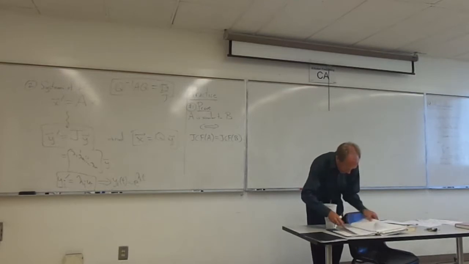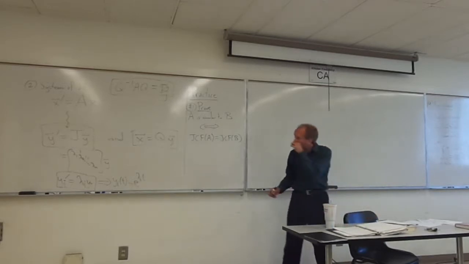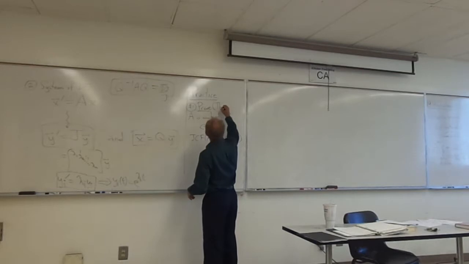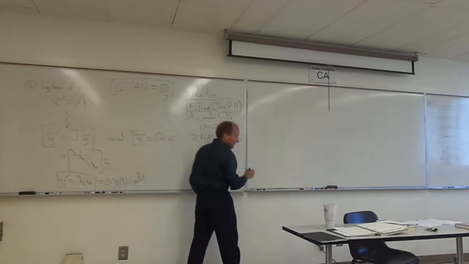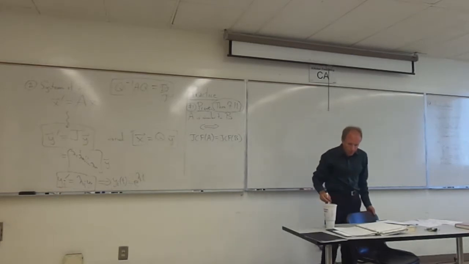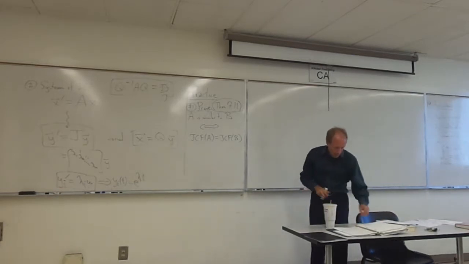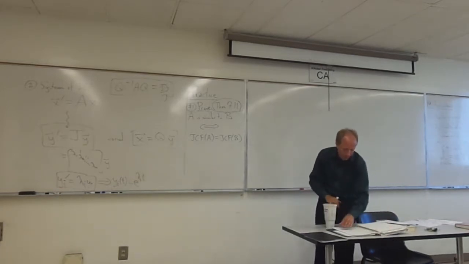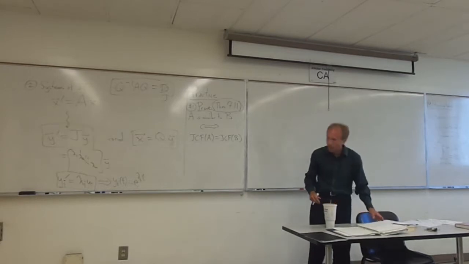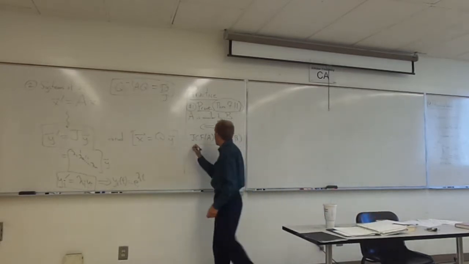Maybe that's the one I stated last time and didn't prove. Let me find my notes here real quick. Yeah, this is actually theorem 7.11. So let's see if we can write this one up.